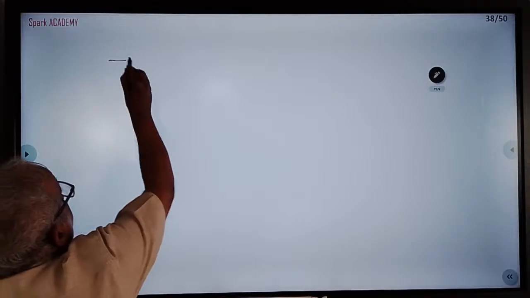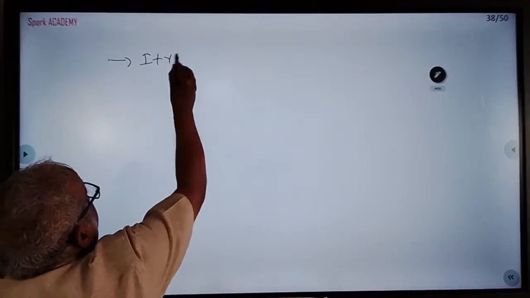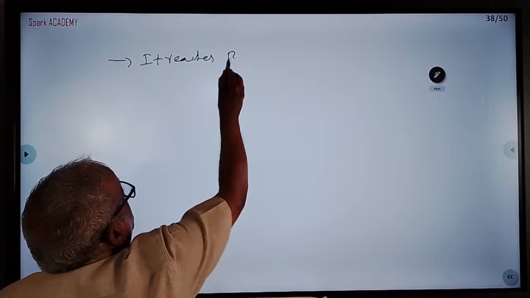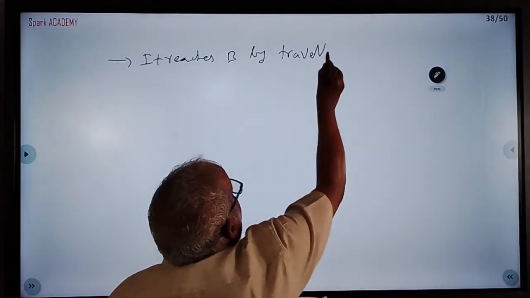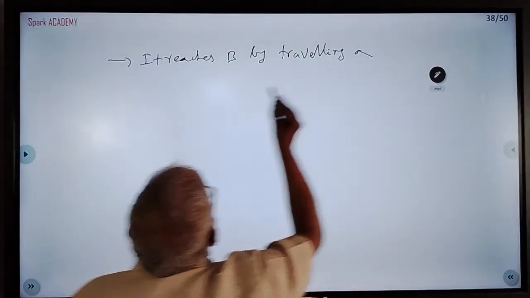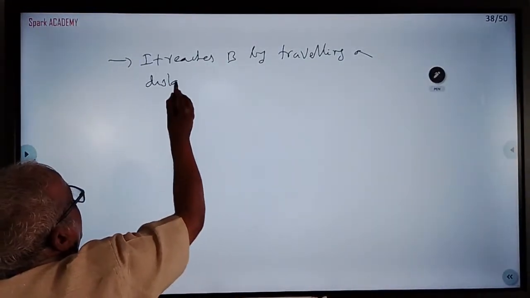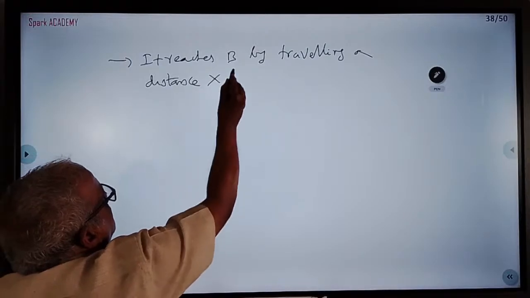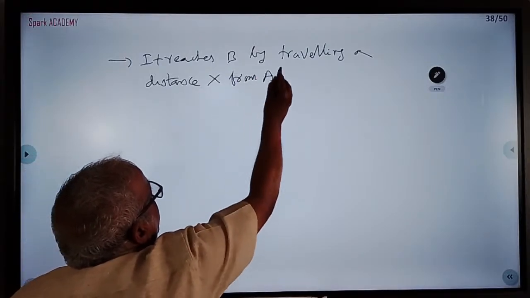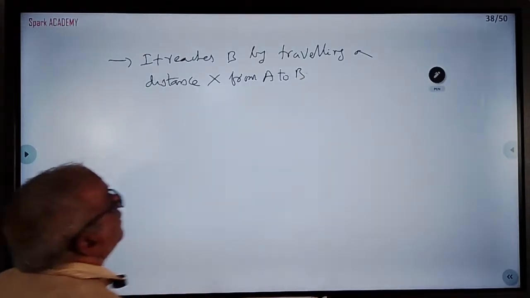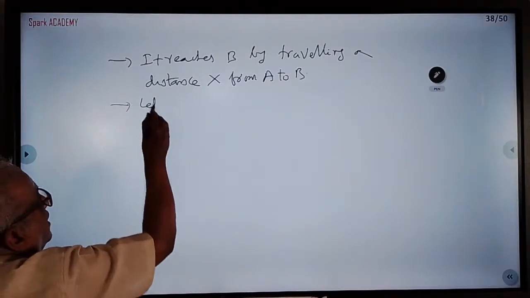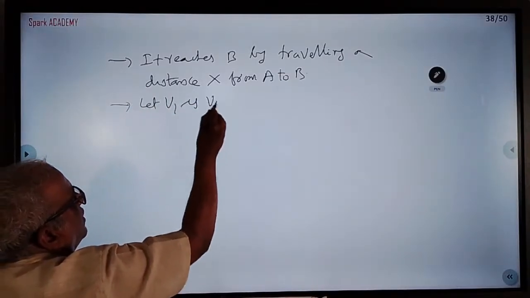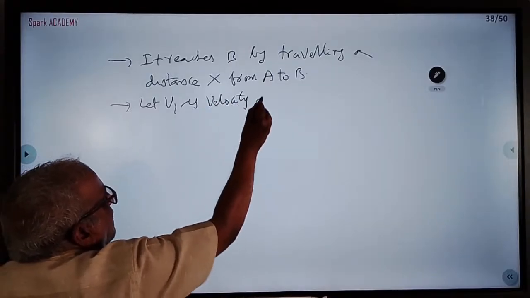It reaches B by traveling a distance x from A to B. Let v1 be the velocity at B.